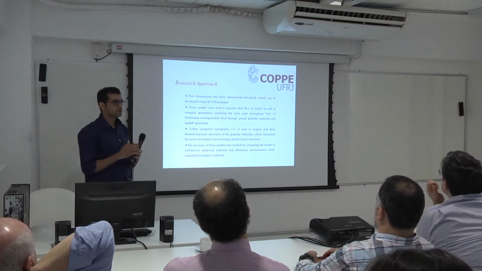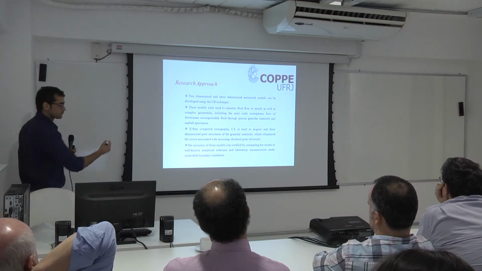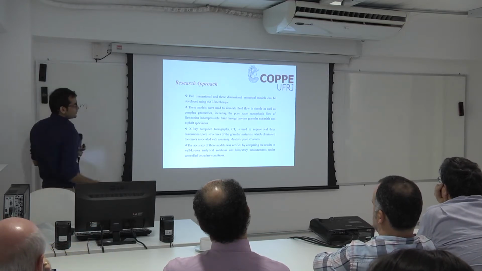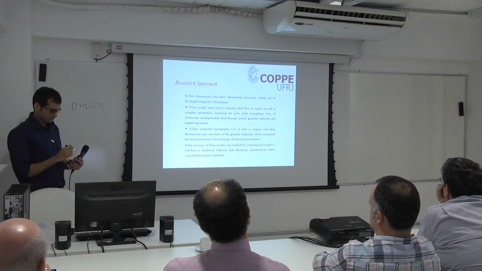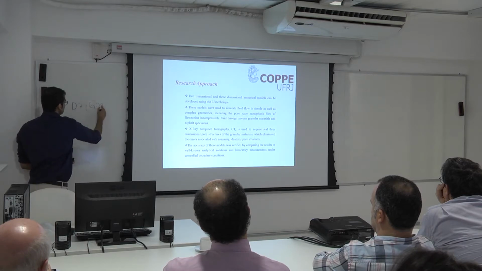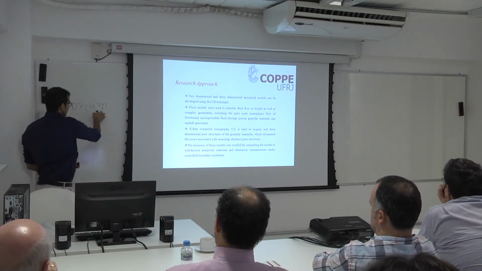So in this two-dimensional, three-dimensional, there is a terminology in lattice Boltzmann called DnQm. It's n dimensional, m velocity.